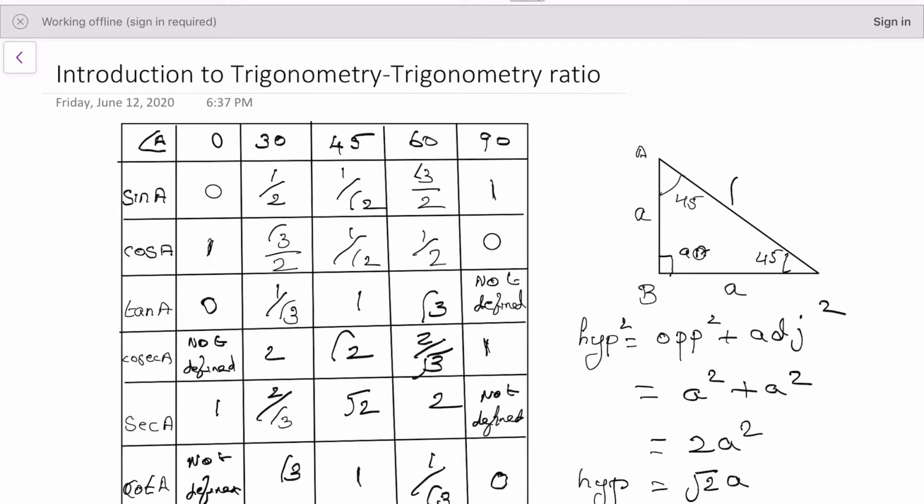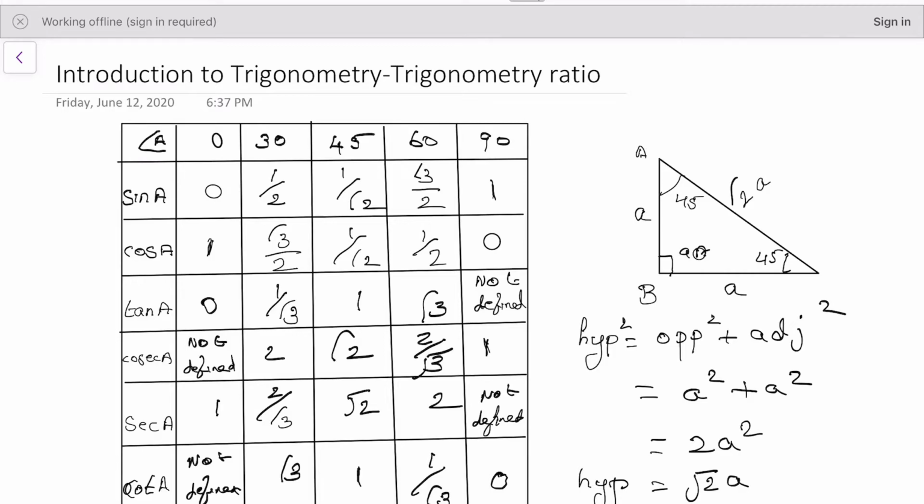So my hypotenuse is root 2A. Now I will find out what I want. Sine 45. Sine A is opposite by hypotenuse, that is A by root 2A. A cancels, 1 by root 2. I got it as 1 by root 2.